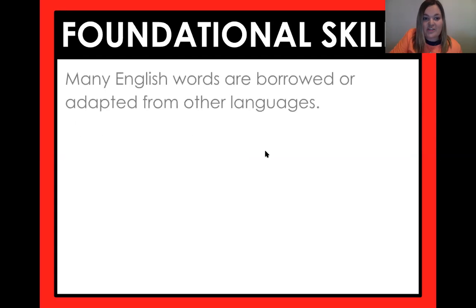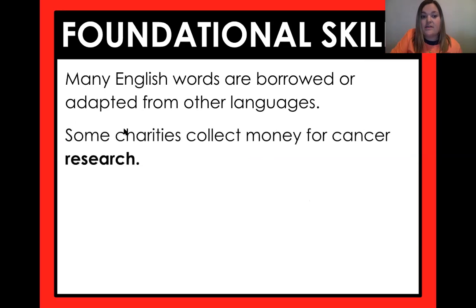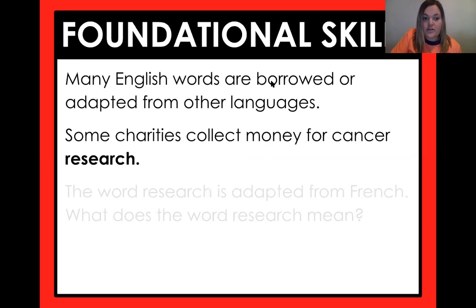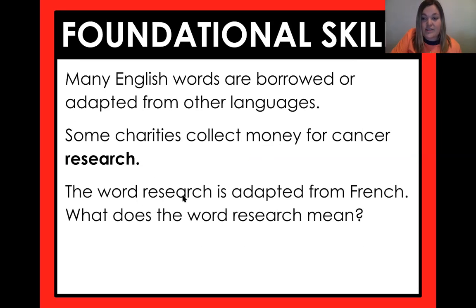For our foundational skills today, we are still talking about how English borrows or adapts words from other languages. From the text, some charities collect money for cancer research. The word research is adapted from French. What does the word research mean?